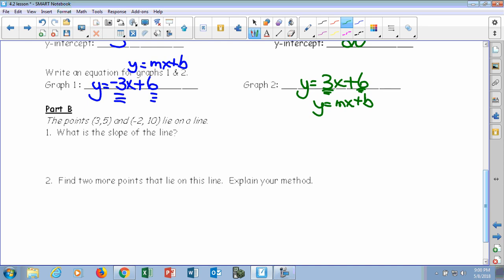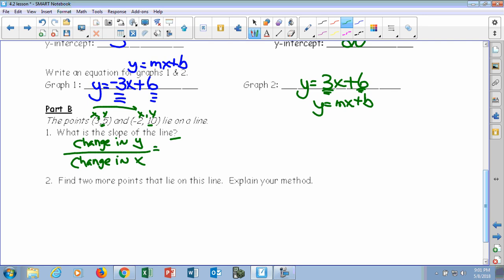Well, again, it's the change in y over the change in x. So just work left to right. This is your x value, this is your y value. Okay, so go this way. So look at my 2 y's. So from 5 to 10, we're going to take those 2 and we're going to subtract it.